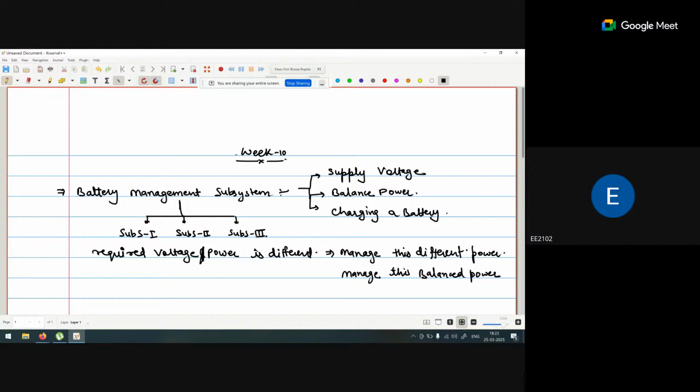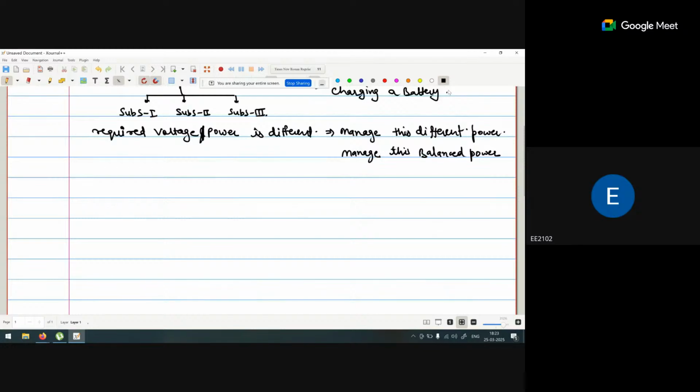Why balanced power? If the power delivered is greater than the required power, there are two particular issues.